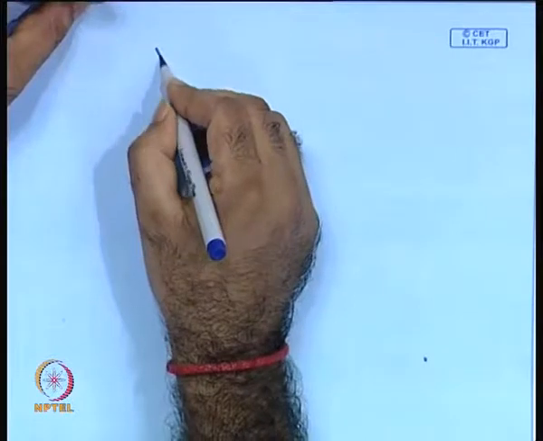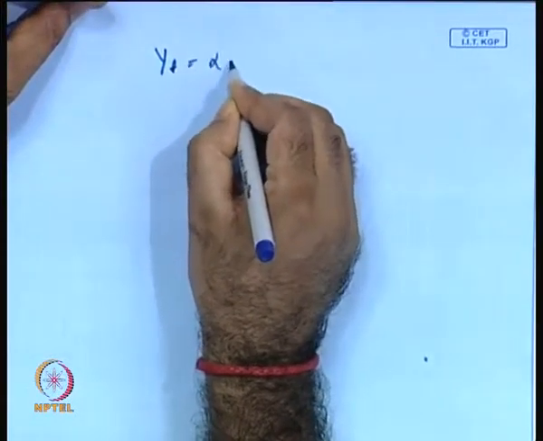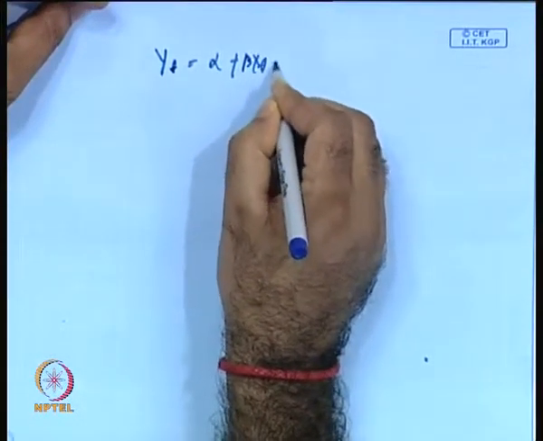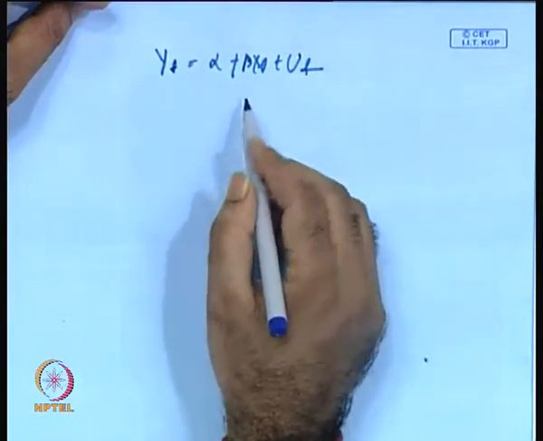There are certain other tests also, like the Q test, the von Neumann ratio test, and the BG test. So many things are there. For instance, if you take the BG test, your starting point will be y_t equal to alpha plus beta x_t plus u_t.